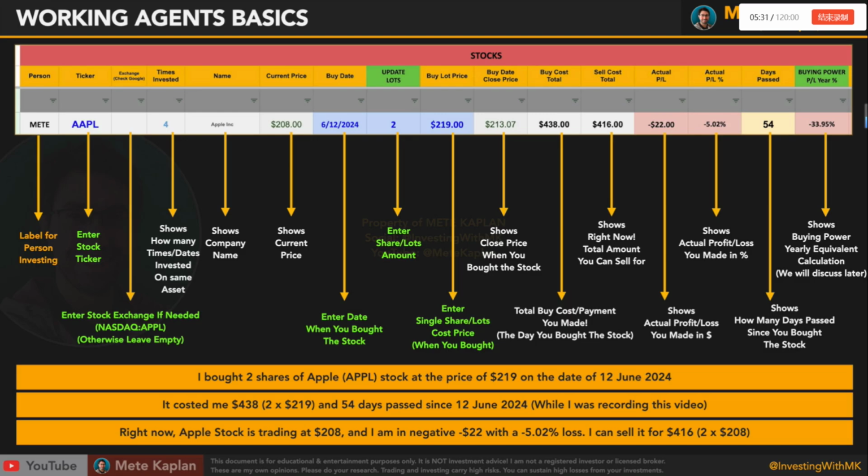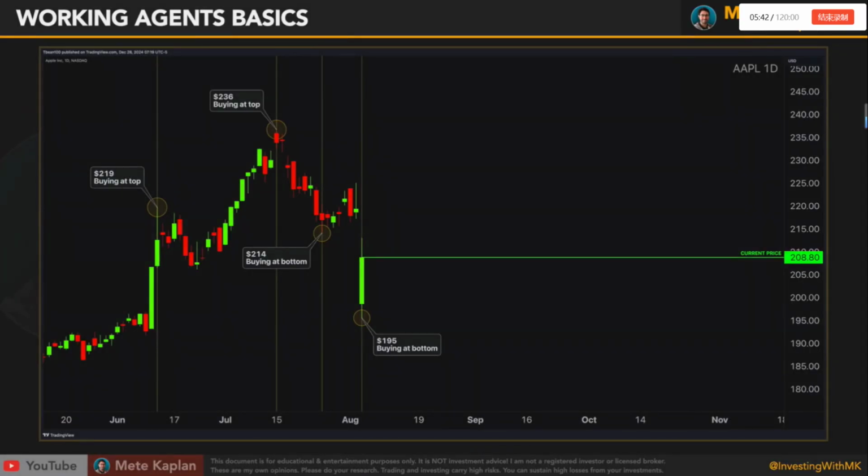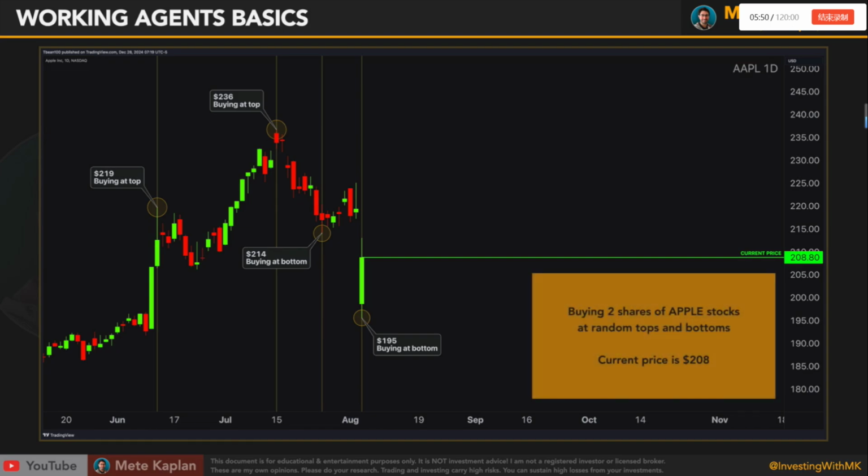I hope this makes everything very clear. It is actually extremely, really simple. Just watch it a couple of times and it will make more and more sense. As you can see, this is the Apple chart. Just for example, it can be a gold chart or Bitcoin chart or a local stock in your country.